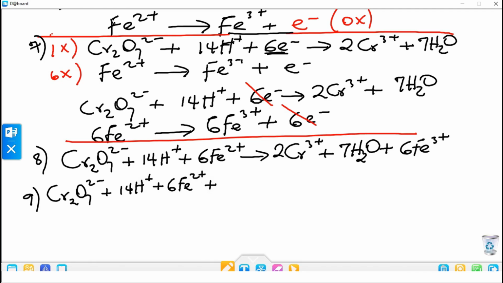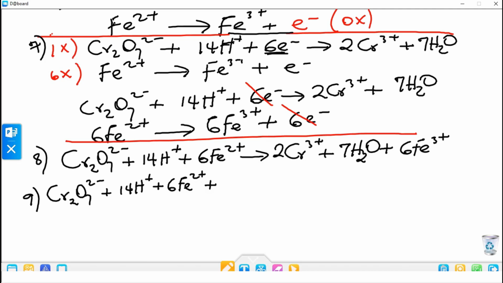Since we are adding OH, we have to add the exact quantity or number of H plus that is already there, so that the OH that is coming in neutralizes the H plus that is there. That is actually what we ought to do. So it's as simple as that.